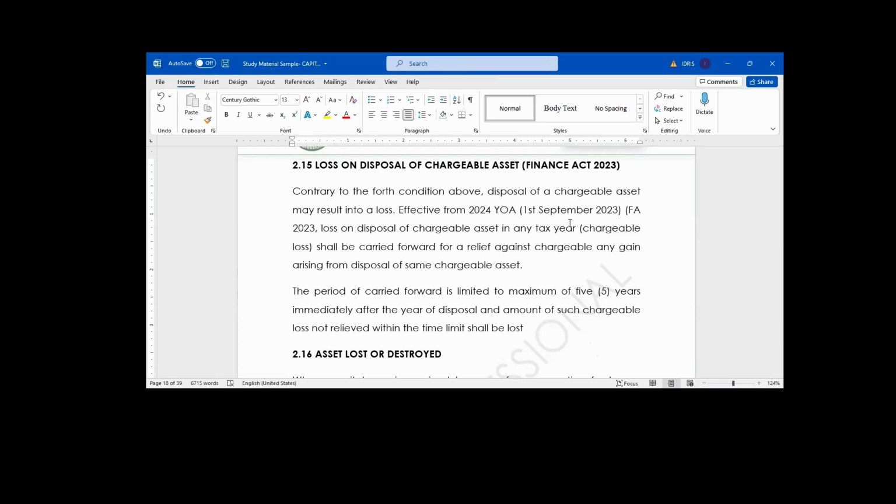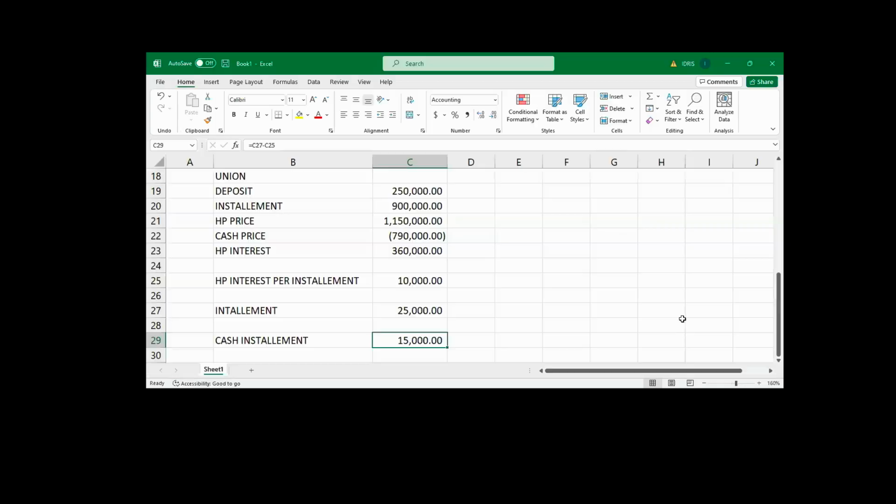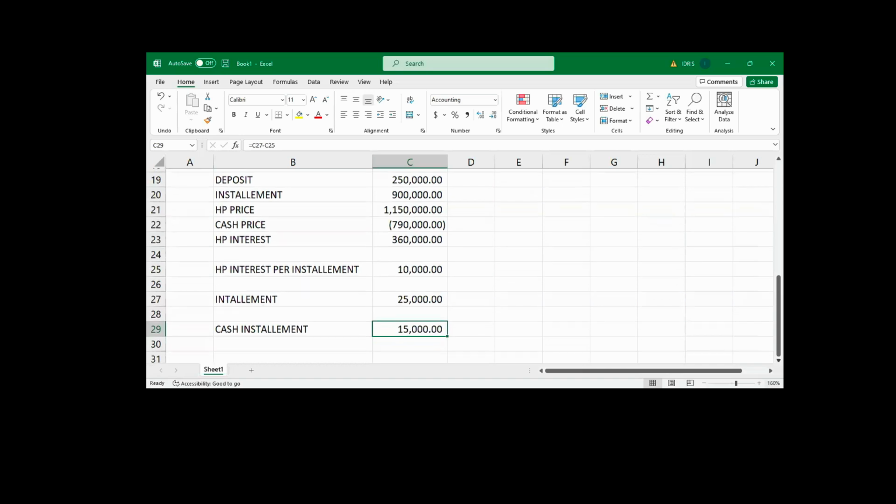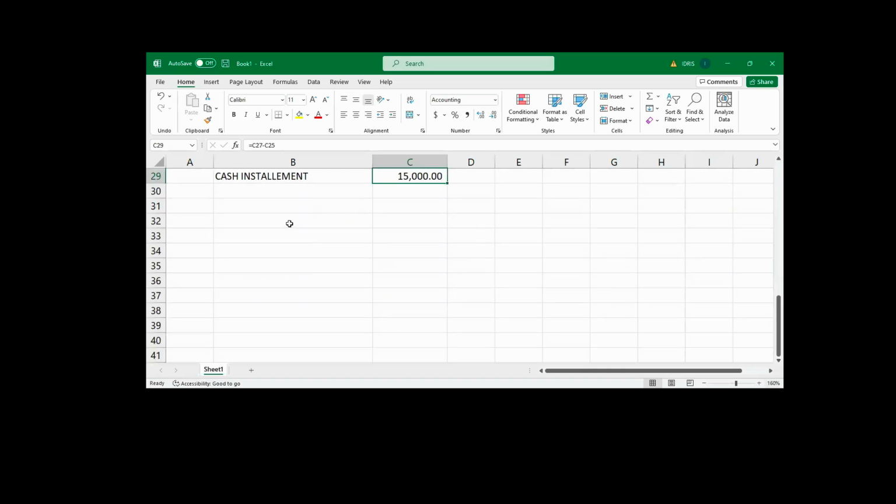What is loss on disposal of chargeable assets? Let me give an example on this loss on disposal of chargeable assets. Look at it. A motor vehicle.